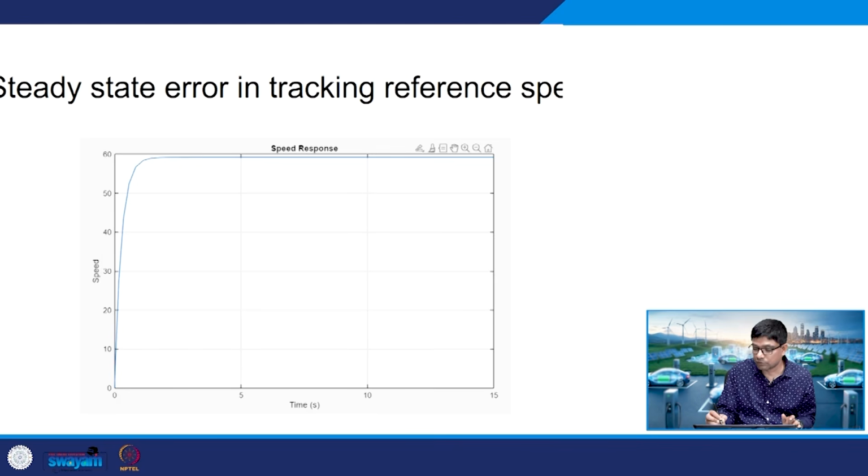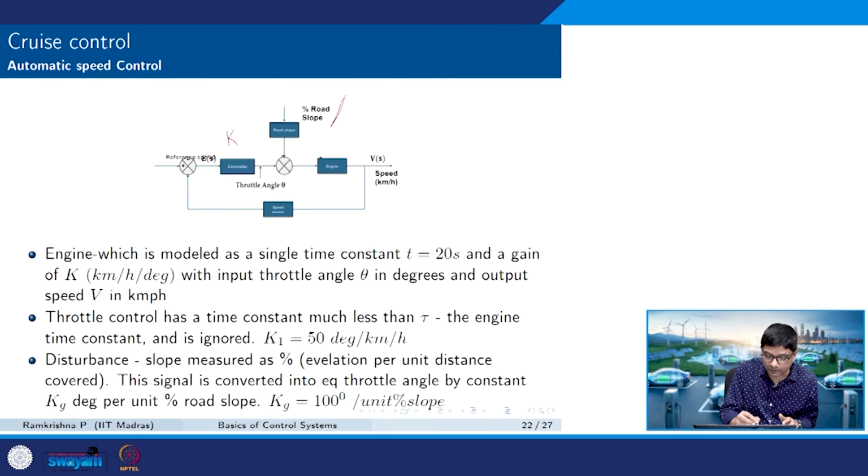So, a little departure. In this I will set my reference speed to 60. Earlier we had calculated that if the reference was 60.8, the speed became 60 and so on. So, to get a desired speed of 60, I had to set the reference to 60.8, which means there was always a certain steady state error between the reference and the actual.